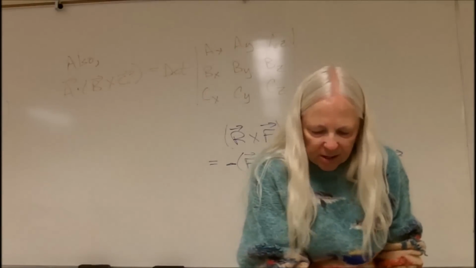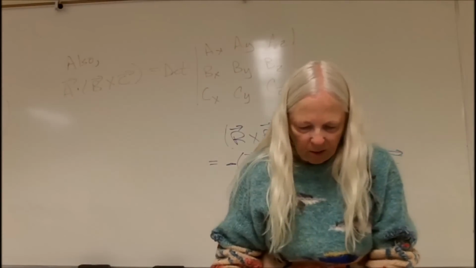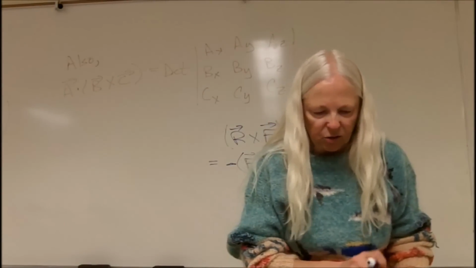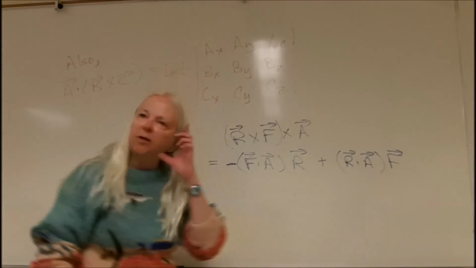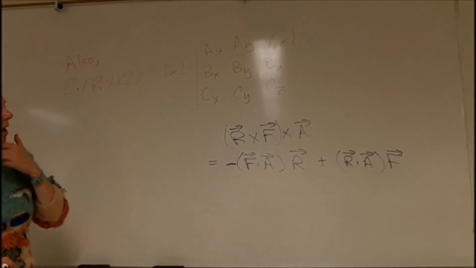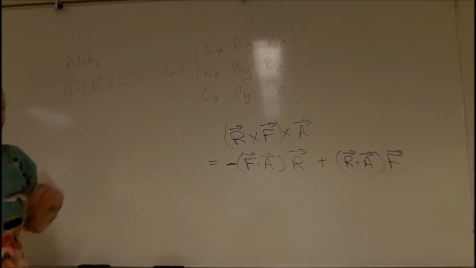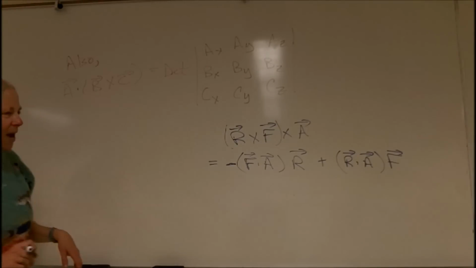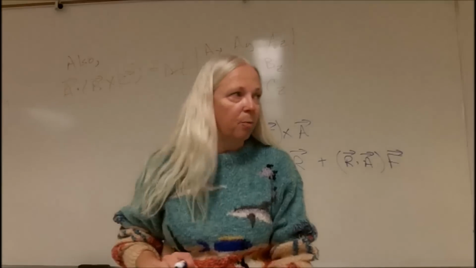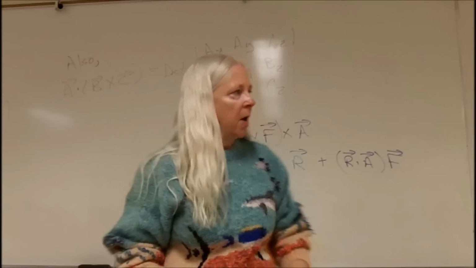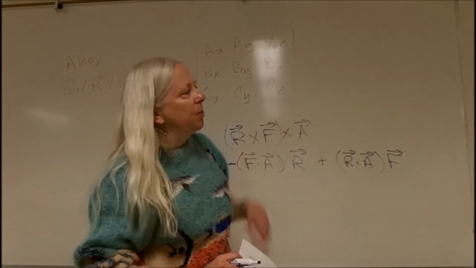Okay, so your book does a lot more than this with triple scalar products and triple vector products. They talk a little bit about geometrical interpretations and things like that. Again, I don't want to spend time doing that because we have other topics to get to that I think are more important and that we need to spend more time on. But I just wanted to mention these.